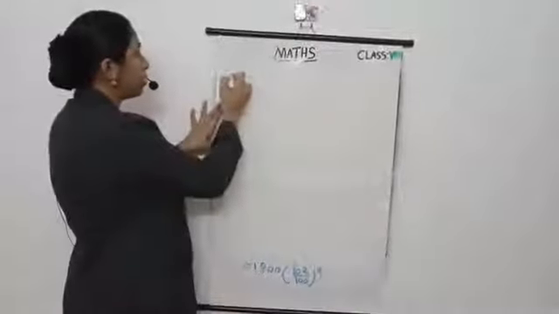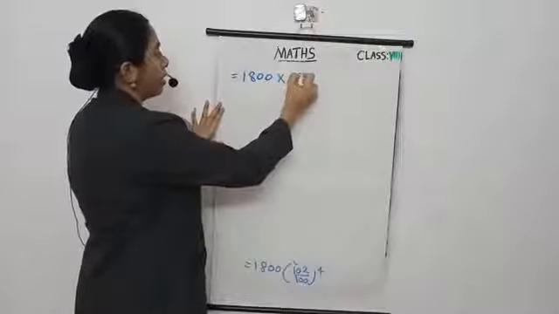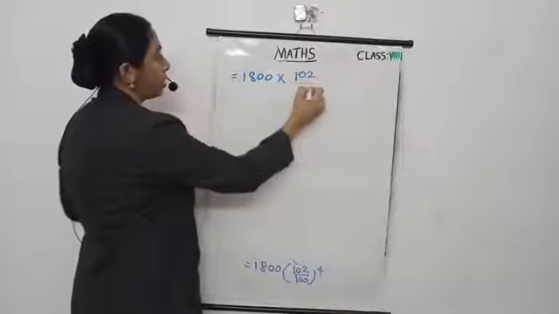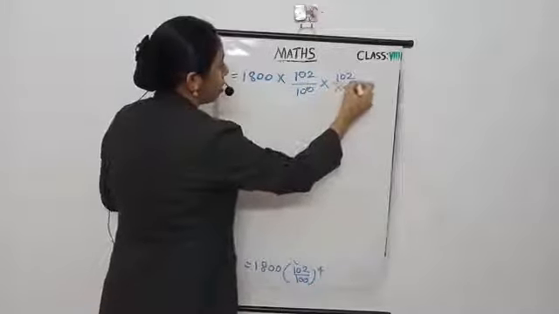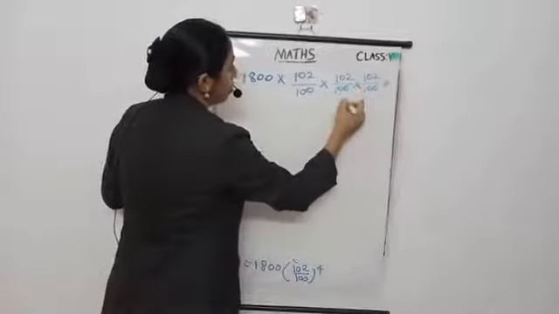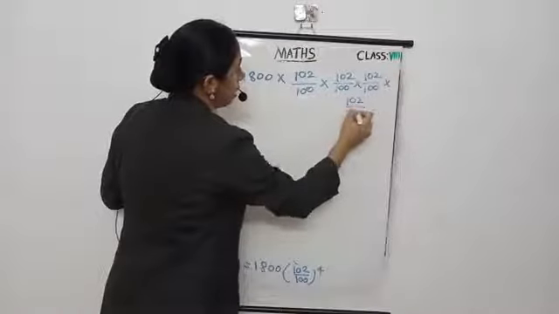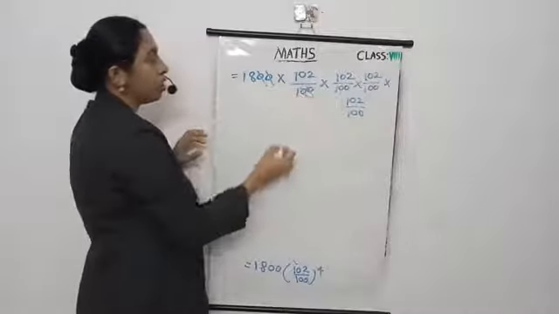Now this is equal to 1800 into 102 by 100 into 102 by 100 into 102 by 100 into 102 by 100. Cancel this 0 and 0.